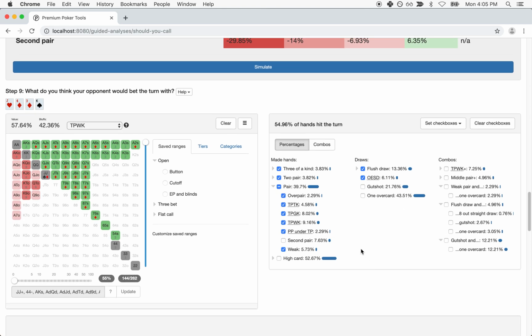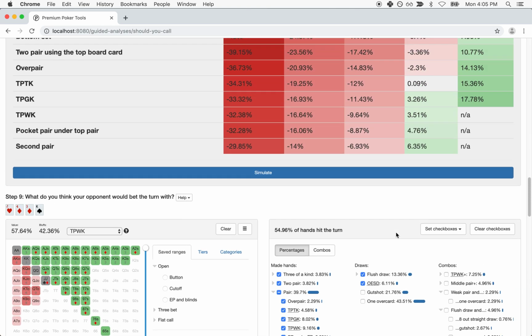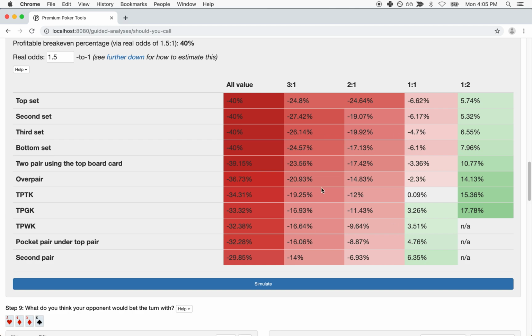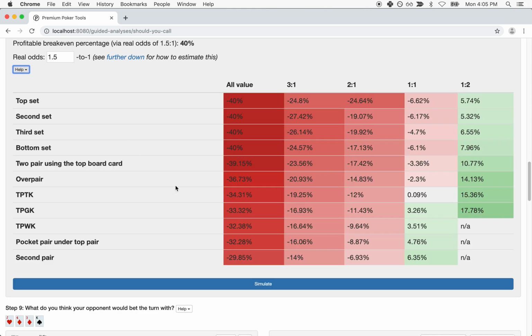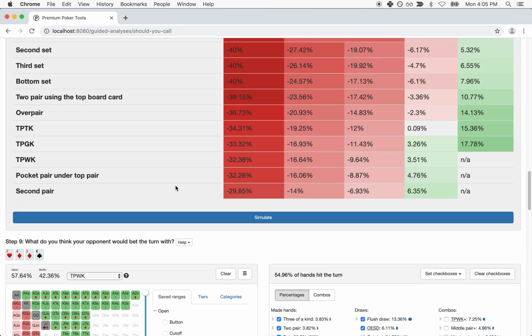Really play around with the assumptions to get a feel for how you perform in different situations. Check out this table and really try to understand it. I have this help section here to help you out. But this tool should be useful to help you figure out if you have enough equity to justify calling.